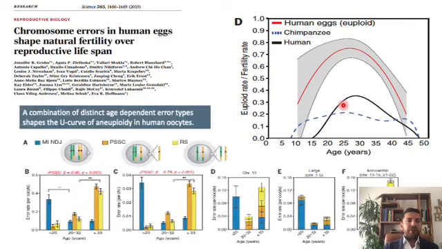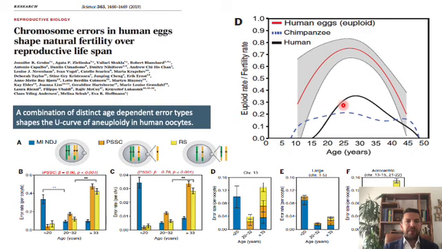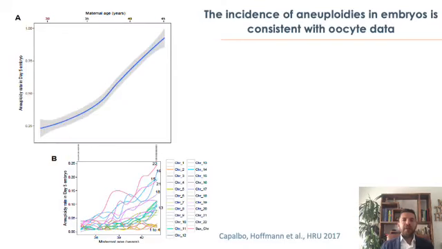In the same study, we could also gather some evidence about the distinct age-dependent error types that shape this U-curve of aneuploidy in human oocytes, with meiosis 1 non-disjunction error being far more prevalent at young ages, while precocious separation of sister chromatids at meiosis 1 explains the rise in aneuploidies that we commonly observe with advancing female age.